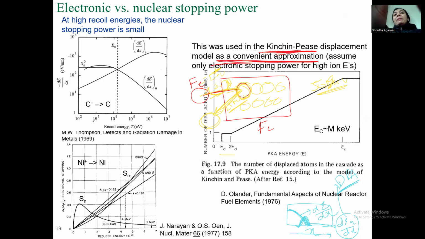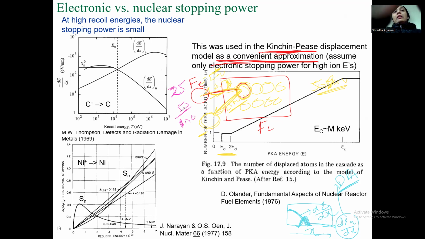So that's why they make it a very simple and convenient approximation that your energy should be at least from ED to 2ED, it will only do one number of displaced atoms. And after that, right now, we are in the energy range of 25, that I'm calling a displacement energy.